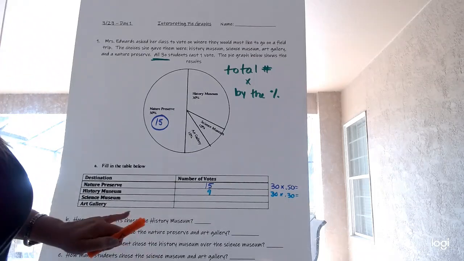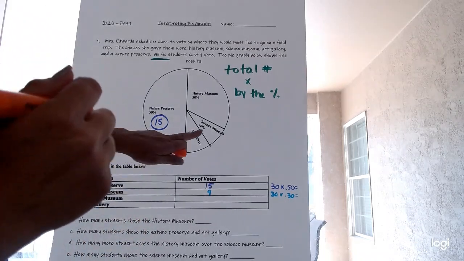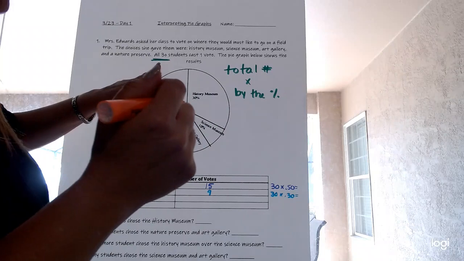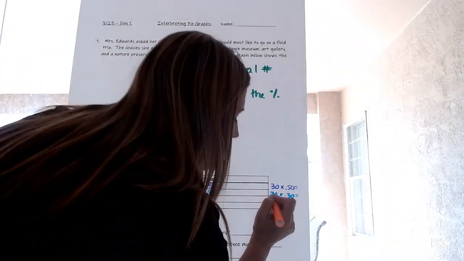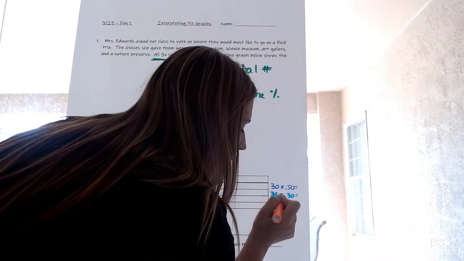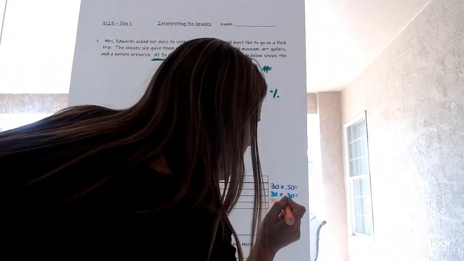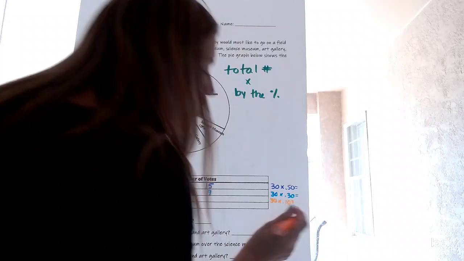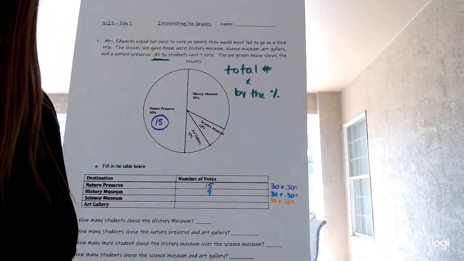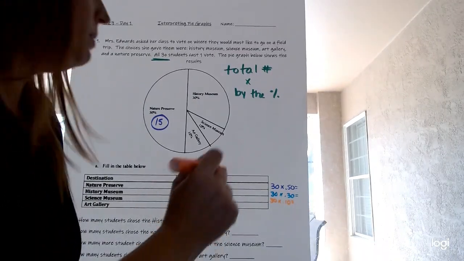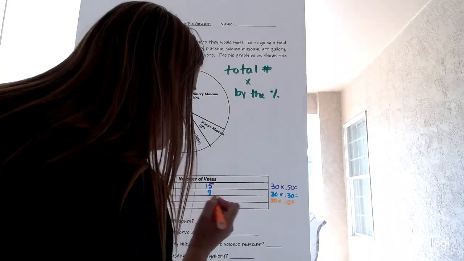Next one, Science Museum, 10% of the kids. So 30 students, total number, and how would I say 10 cents? 0.10. So 30 times 0.10 is going to give me a total of 3 students.